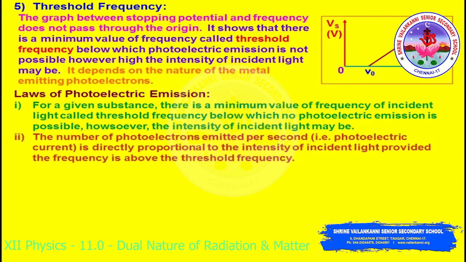The second point: the number of photoelectrons emitted per second is directly proportional to the intensity of light, provided the frequency is above the threshold frequency.